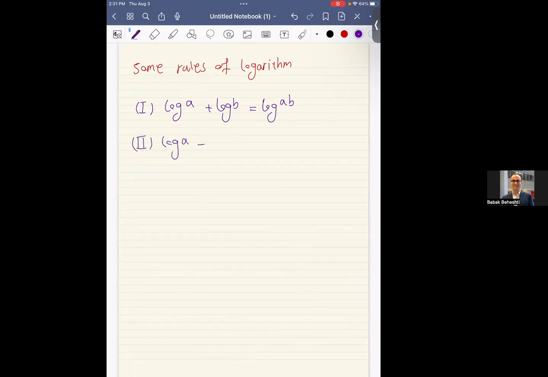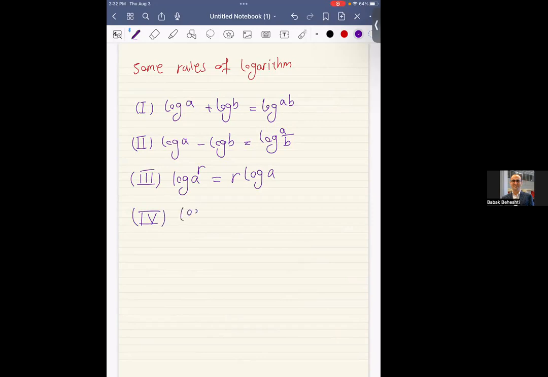Log of a minus log of b equals log of a divided by b. And log of a to the power r is equal to r times log a.